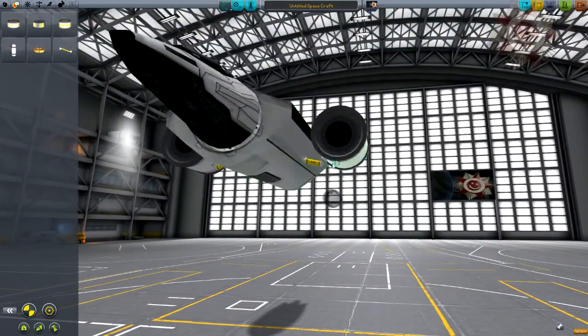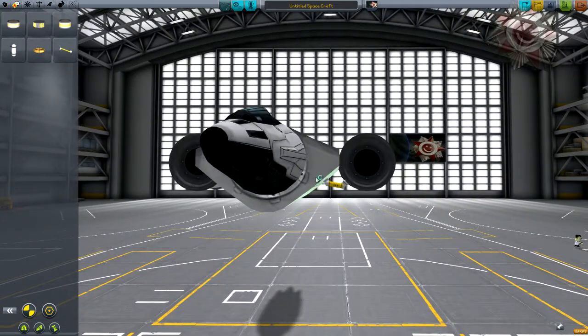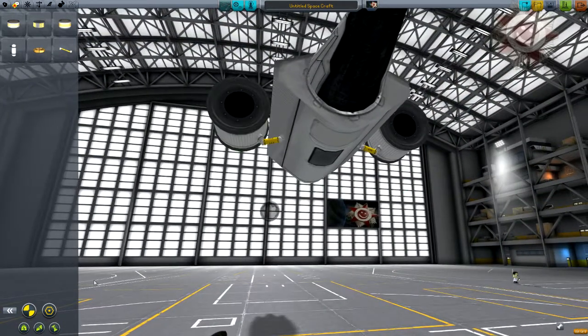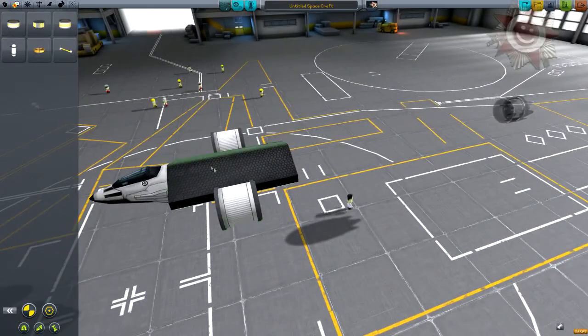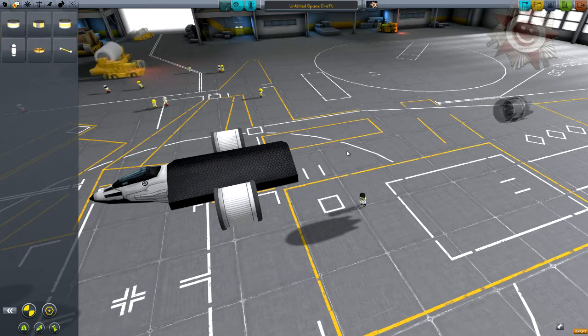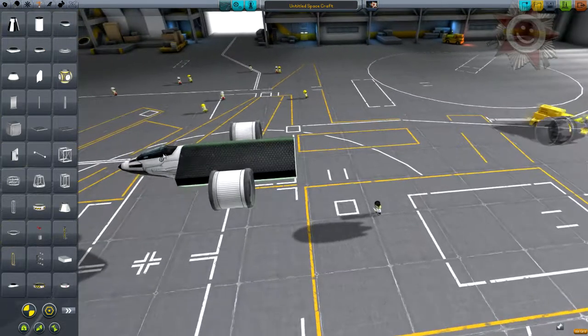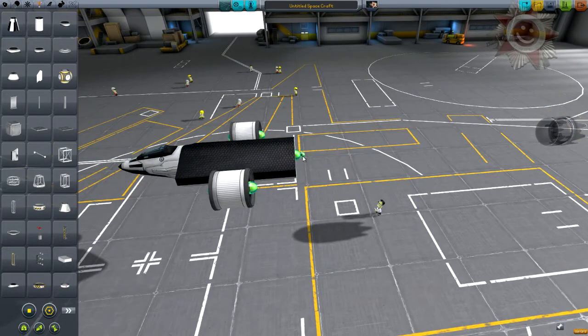What I did there is I put a fuel line, had symmetry mode on, so that the fuel from both of these tanks will flow to the center fuselage, and there it will go to the engine using the fuel. Now I'm going to build this frame of sorts.